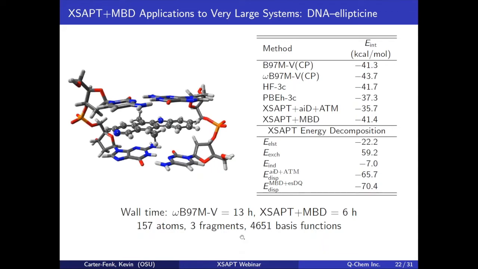So there are a large number of basis functions in the system at 4600. And another thing to note is that the XSAPT energy decomposition that we get out of this produces results that are in line with intuition. So here, if we sum the electrostatic contribution, exchange, and induction contributions, we get an energy that is unbound. So this ellipticine complex does not bind to the DNA without the correction from dispersion.